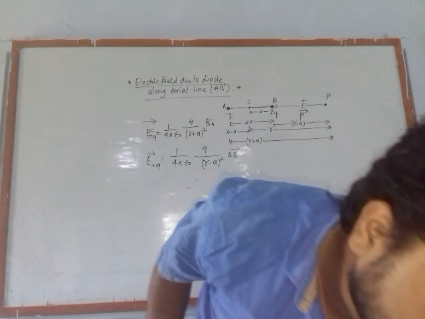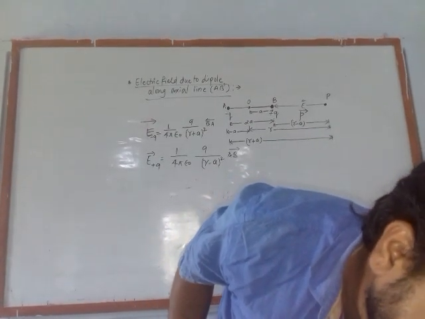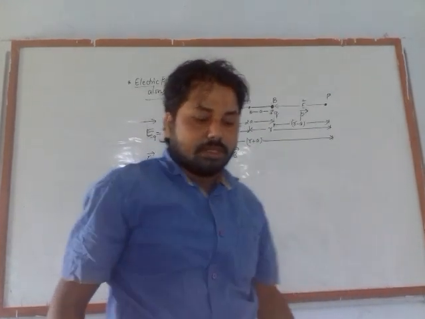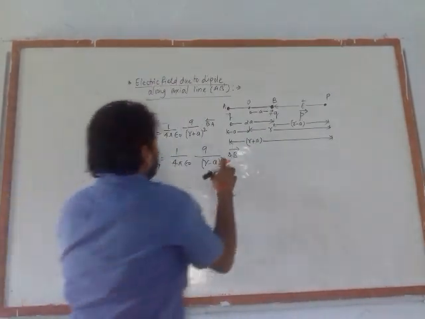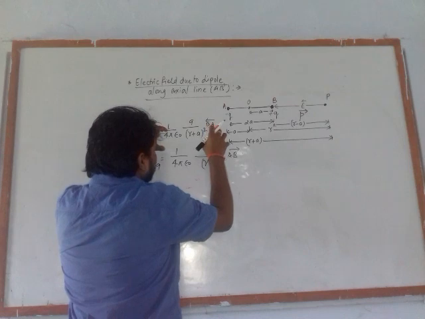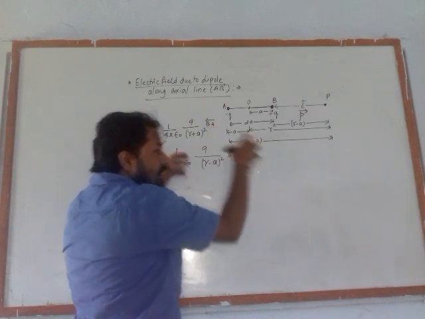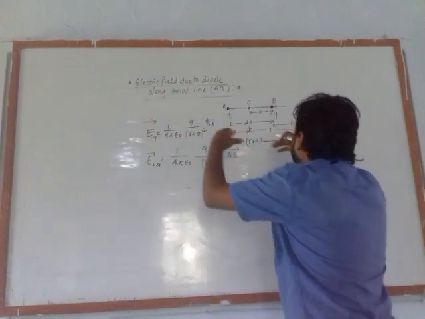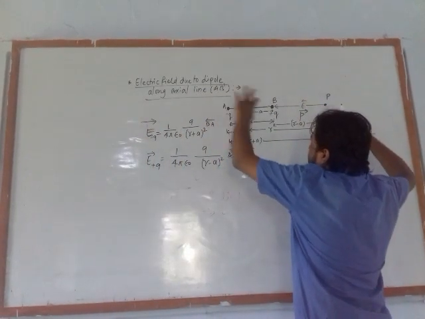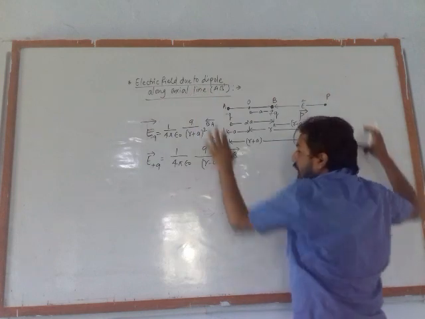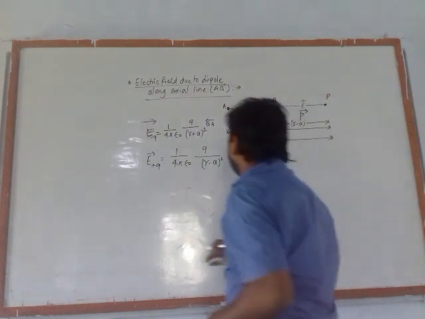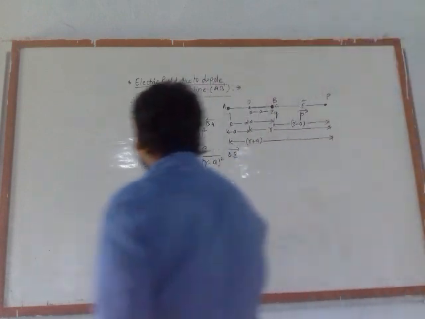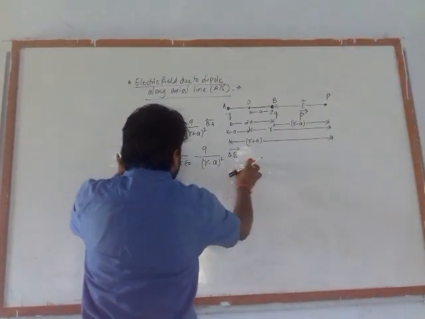To find the resultant, if one direction we take as positive, then the other direction we have to take as negative, so we subtract, because one vector is acting along this direction and the other along that direction. So we take E plus Q as the positive direction.